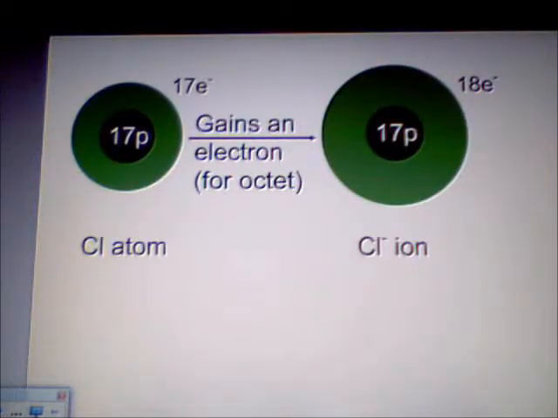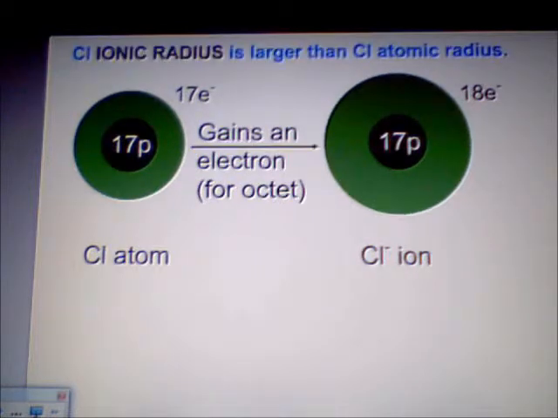Looking at a nonmetal, what happens there is nonmetals gain electrons, just like here the chlorine atom is gaining 1 electron and becoming larger. So chlorine now has 18 electrons versus the 17 protons, so it has 1 extra negative charge.